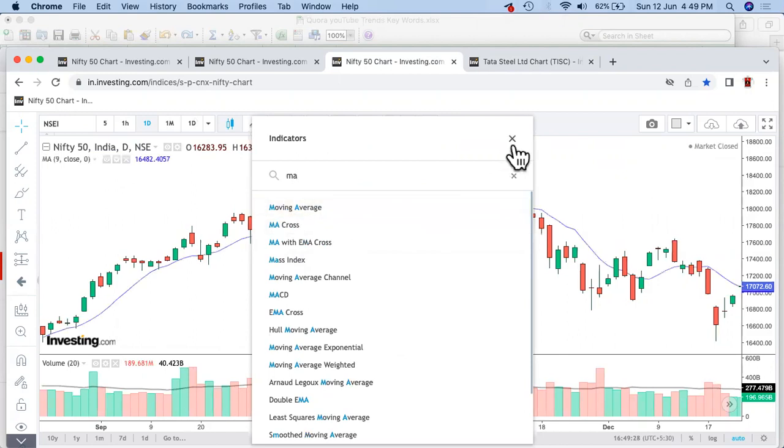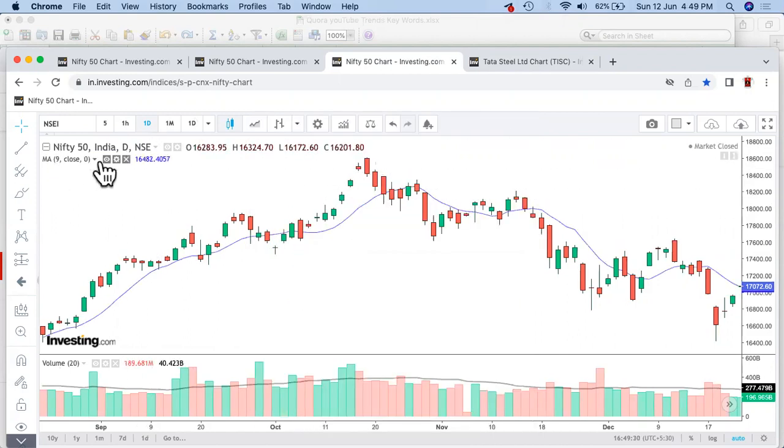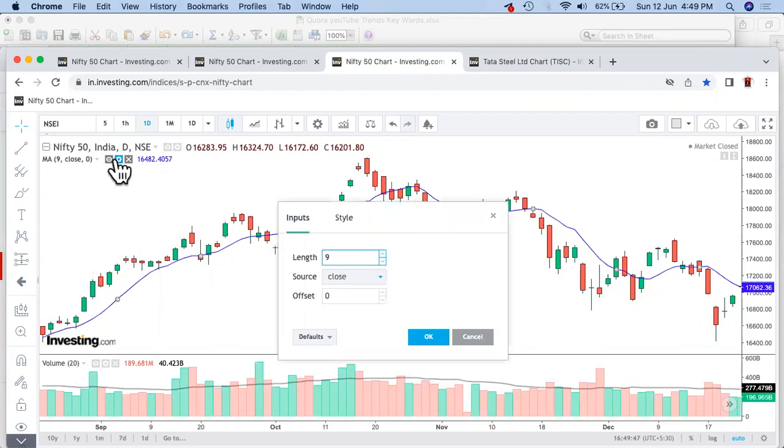So I click on moving average, and on the top left-hand side, just before the name of the stock or the index, you get MA, moving average, which specifies that the moving average is considered for the previous 9 candles, right? Let's go into format, that is settings, and then we'll be able to change it.